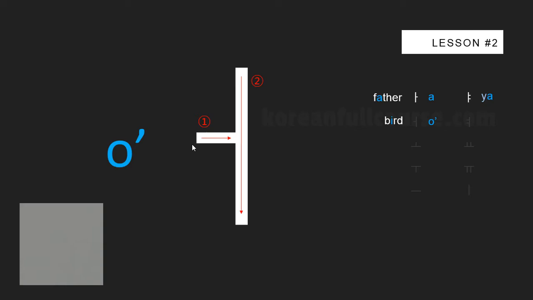So follow the rule, okay? Horizontal stroke first and then vertical stroke in case of letter O. When you write the letter A, you draw the vertical stroke first and then the horizontal stroke. And this O sounds like letter I in the English word bird.